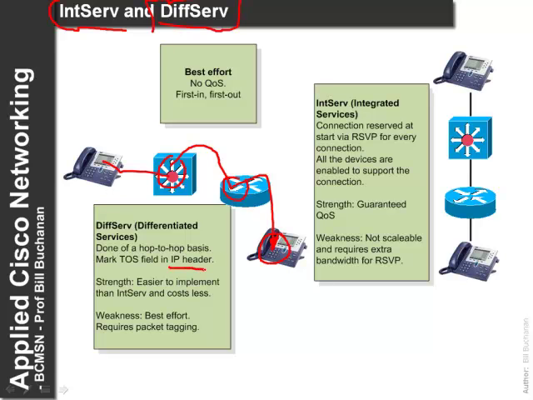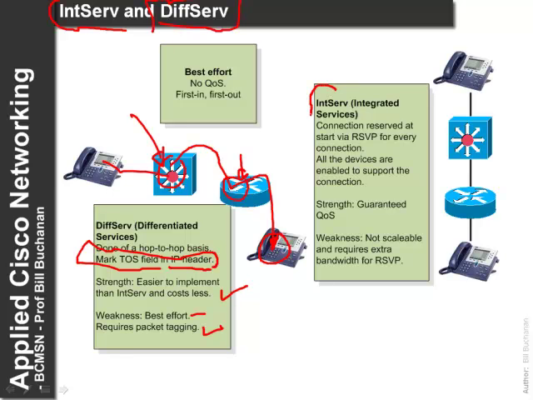With this, we mark the ToS field in the IP header for the basic priority. The great strength of this method is that it's fairly easy to implement in each of our devices. The weakness, though, is that we've got to tag each packet, and it's only best effort.